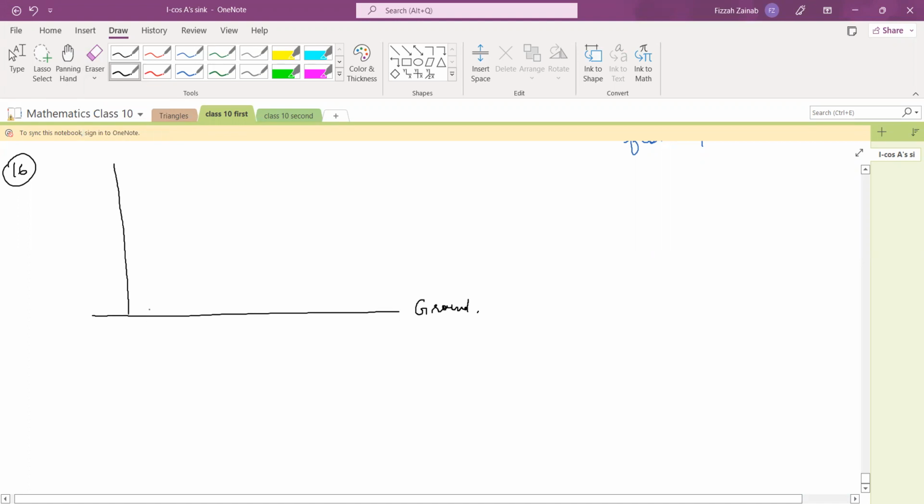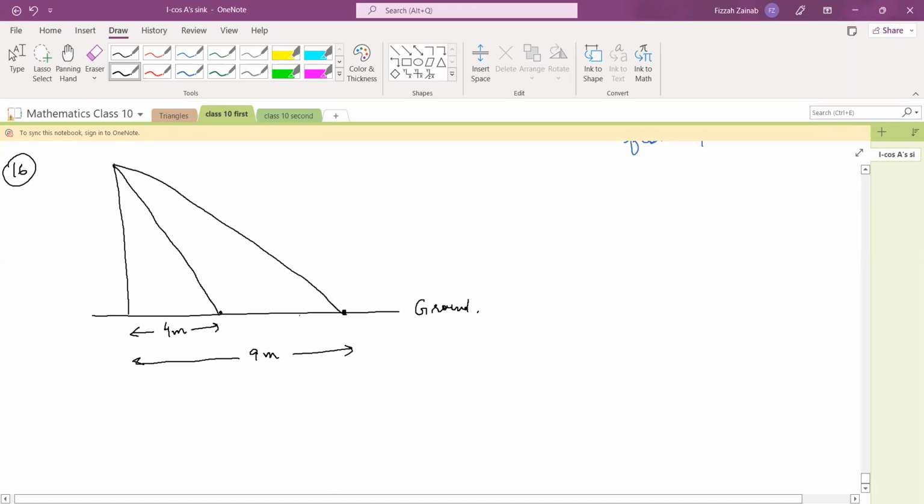From 2 points at a distance of 4 meter and 9 meter from the base of the tower. So there's a point at a distance of 4 meter from the base of the tower, right? Then there is another point at a distance of 9 meter from the base. So this complete distance is 9 meter. Understood? From these 2 points, there is some angle of elevation.